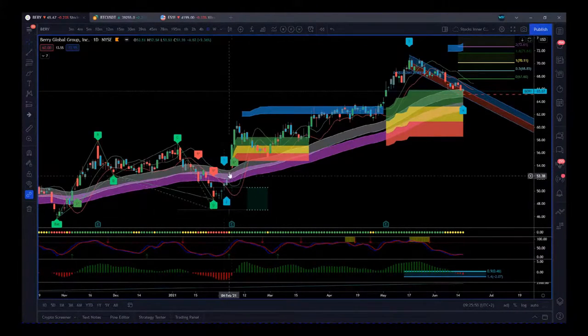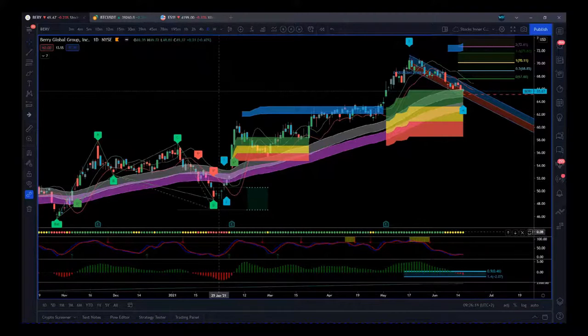We want to make sure we're above the 55 before we go long, but also if you look at these little dots on this top subchart here, this is the bias indicator. This indicates whether it's bullish, which is green, on a higher time frame. In this case, if this is daily, it automatically checks the weekly time frame. Yellow is neutral, and red obviously is bearish.